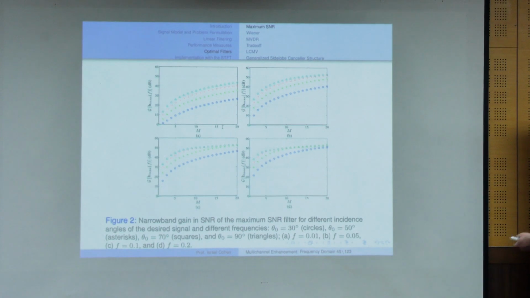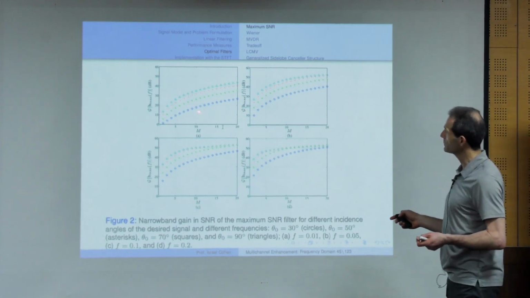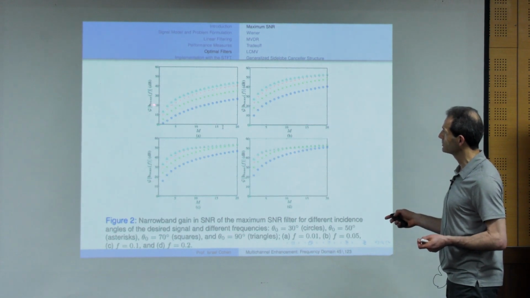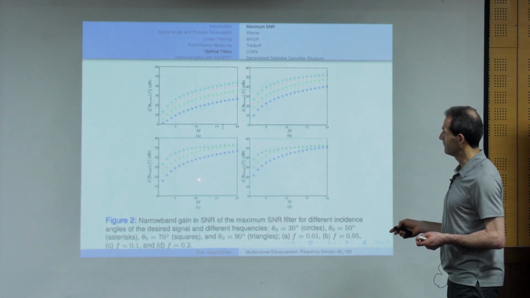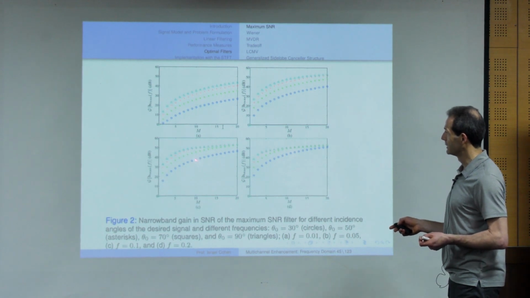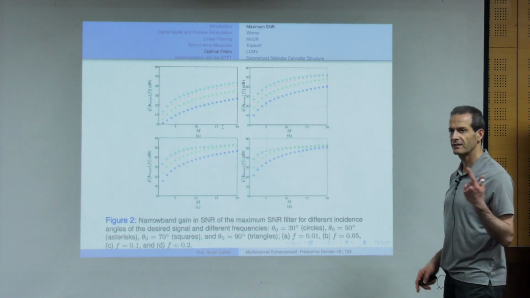You see? So for low frequency, the gain in SNR will be something below 20 dB with 10 sensors. But for higher frequencies, with the same number of sensors, we can get almost 40 dB gain in SNR.